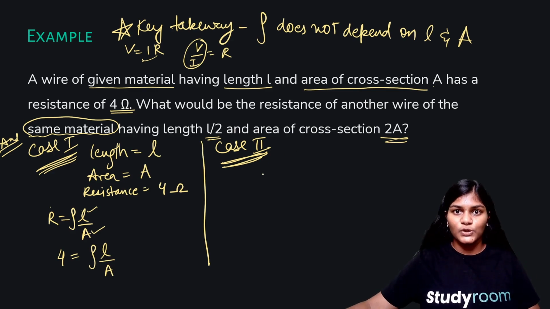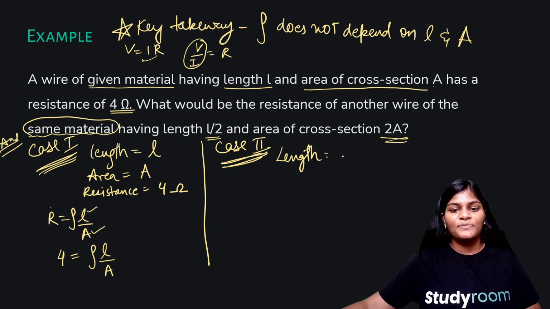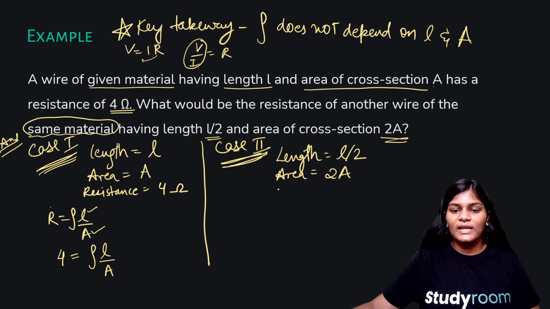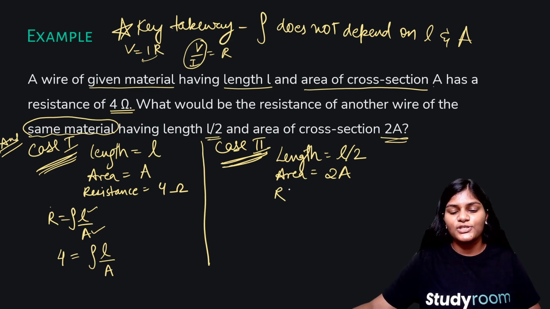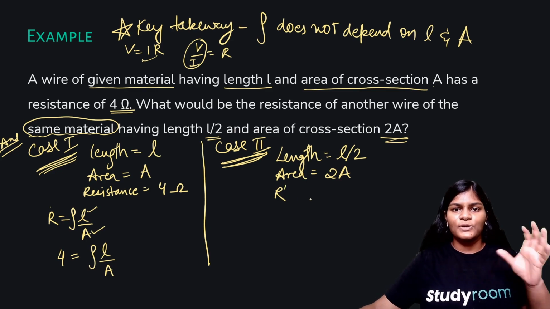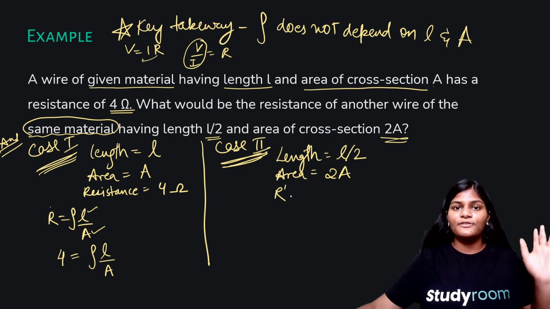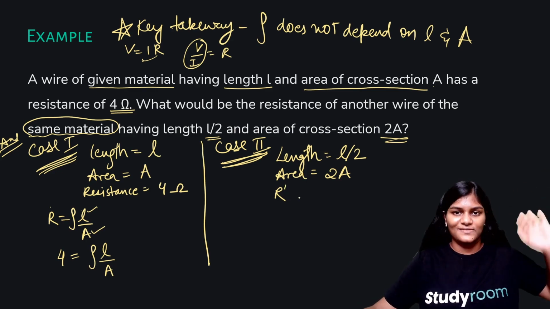I come to case 2. What is given in case 2? In case 2, it's given length is equal to L by 2 and area is equal to 2A. Now I can't write resistance as the same symbol R because it's not the same. We just have to find it out. So I'll just write R dash because it's a new resistance. I'm just giving it a different symbol, but I don't want to give it an XYZ symbol.